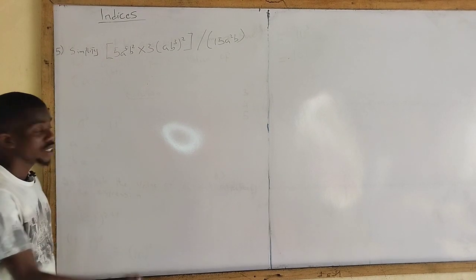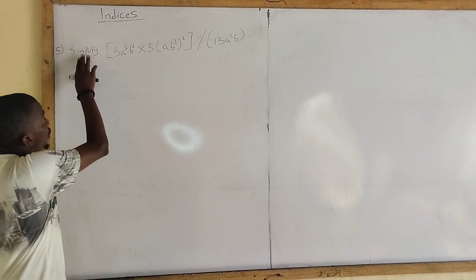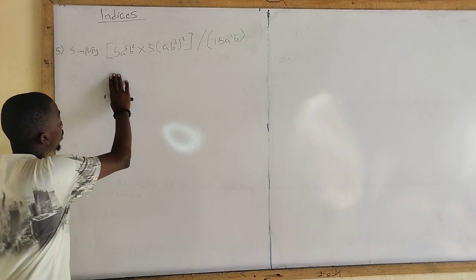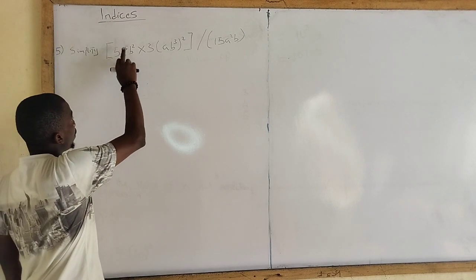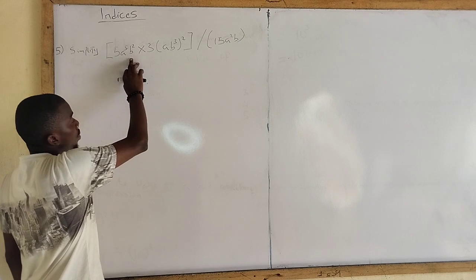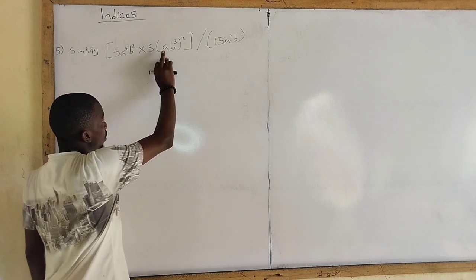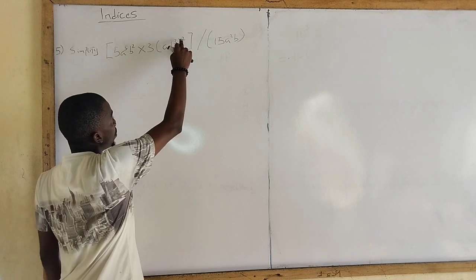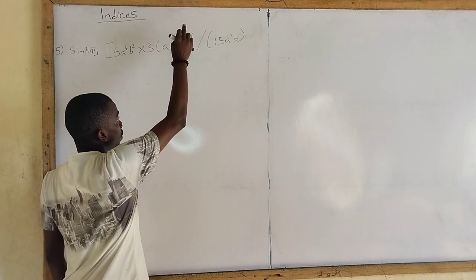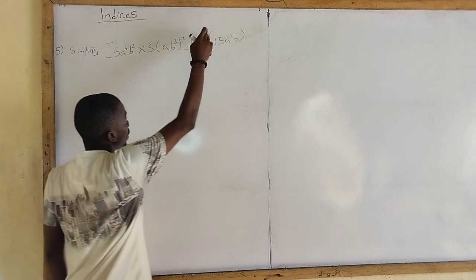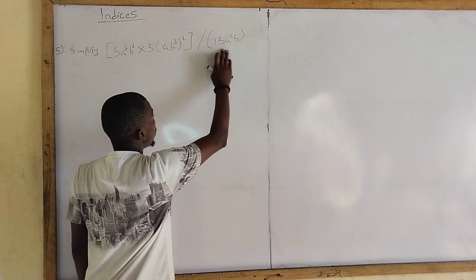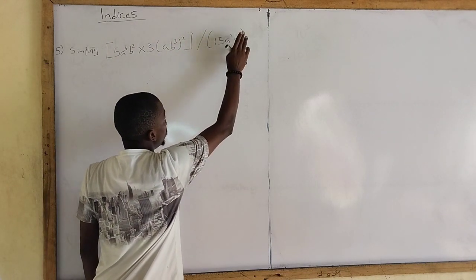Question number 5 says, simplify (5a raised to the power of 5, b raised to the power of 2, times 3(ab raised to the power of 3) squared) divided by 15a raised to the power of 2 b.